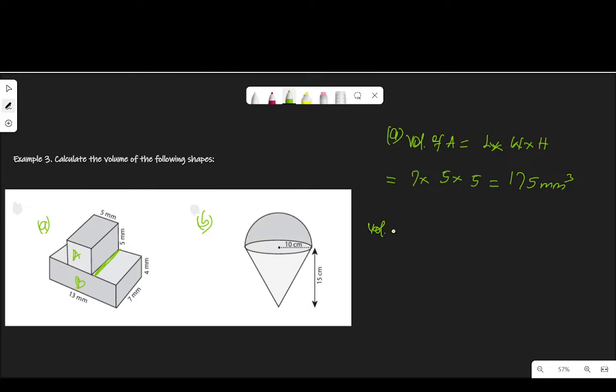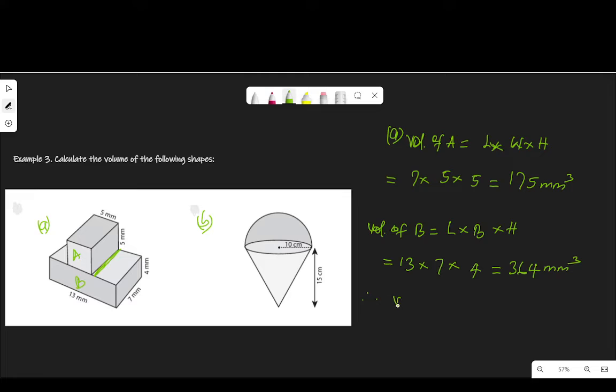Now the volume of prism B, again a rectangular prism, length times width times height. The length here is 13 millimeter, multiplied by the width 7 millimeter, and the height 4 millimeter. 13 times 7 times 4 is 364 millimeter cube.